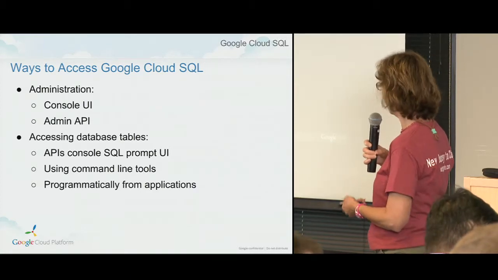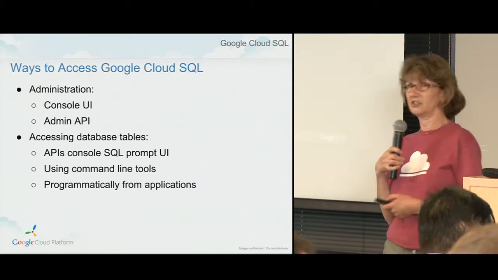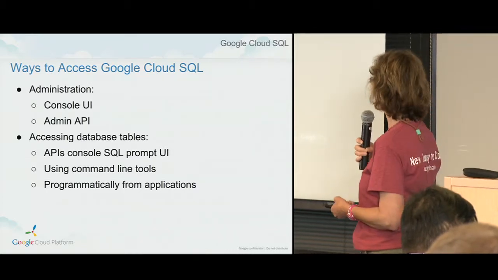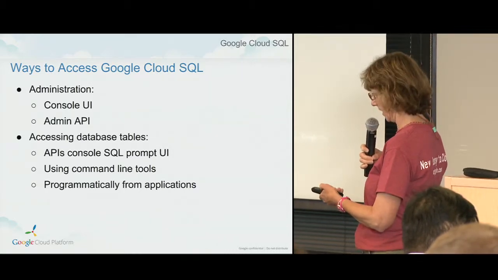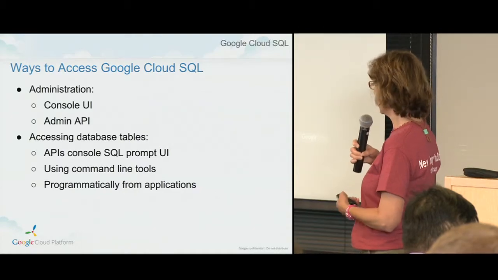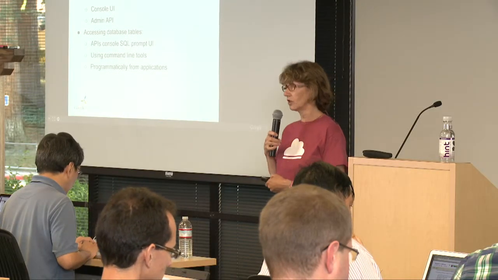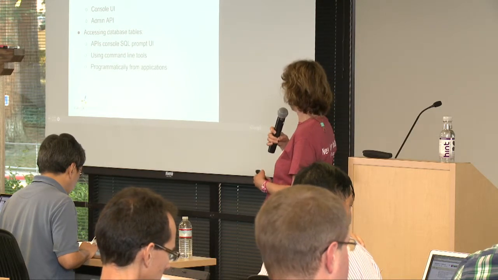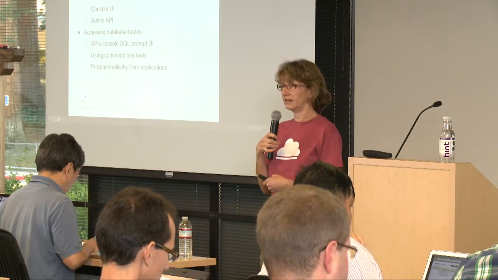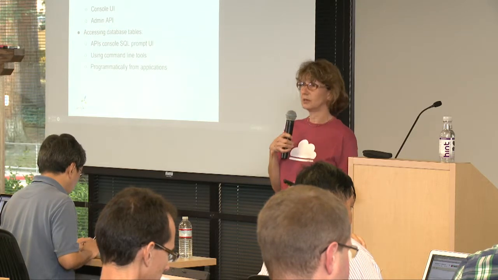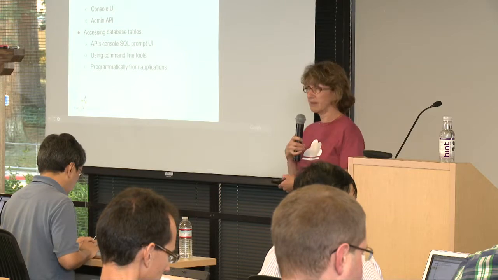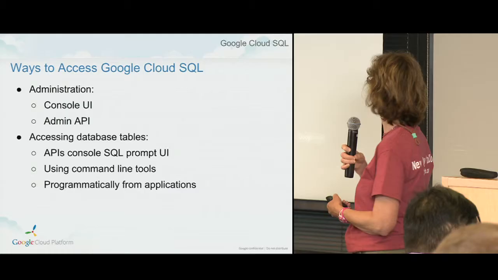And if you want to access your database tables, which is obviously why you have a database, to get data in and out, we have a SQL prompt in the API's console, so you can do it interactively. We have command line tools. Cloud SQL has a command line tool, and then you can access it programmatically from your applications.